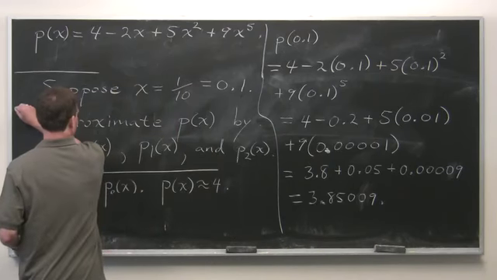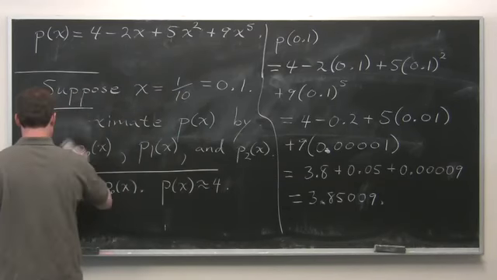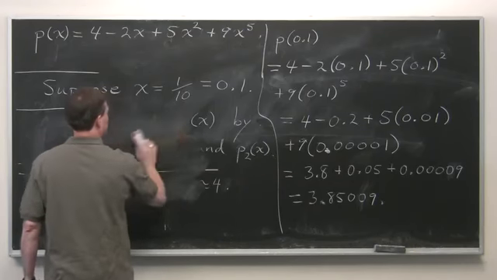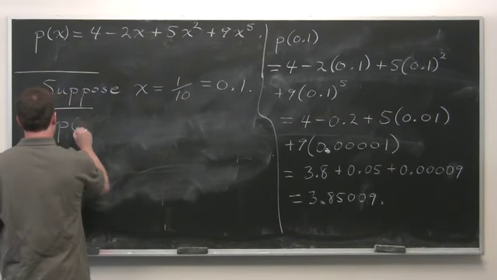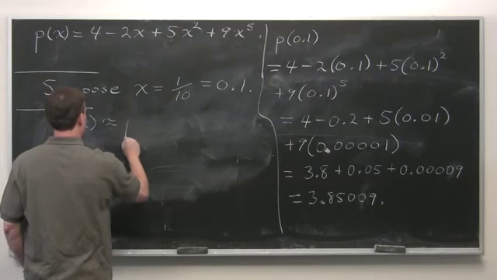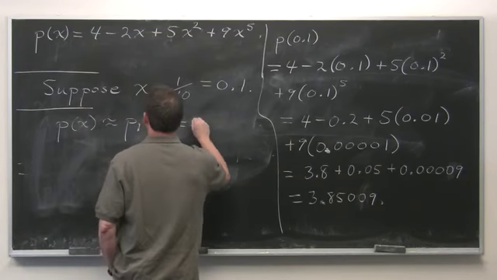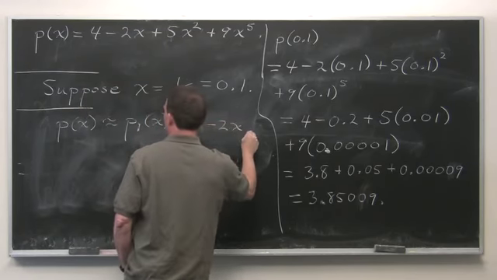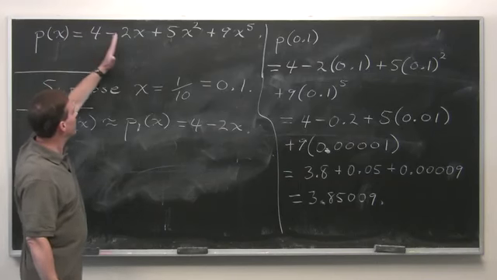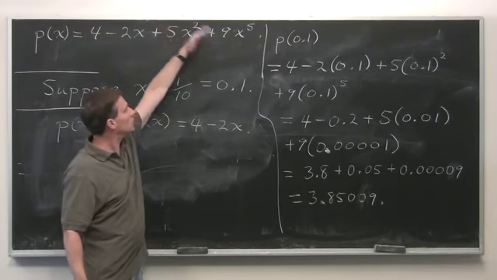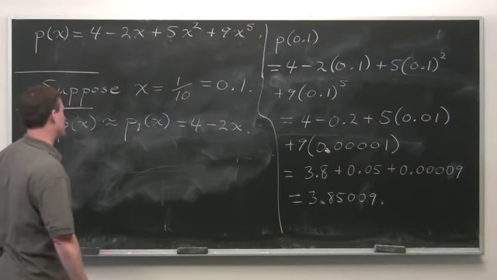So let's try. All right. What if we approximate p of x? We say, oh, it's approximately equal to the first order partial sum, which is 4 minus 2x. So now we're saying that when x is close to 0, higher order terms like the x squared and the x to the fifth term don't matter as much, and this would be a reasonable approximation.